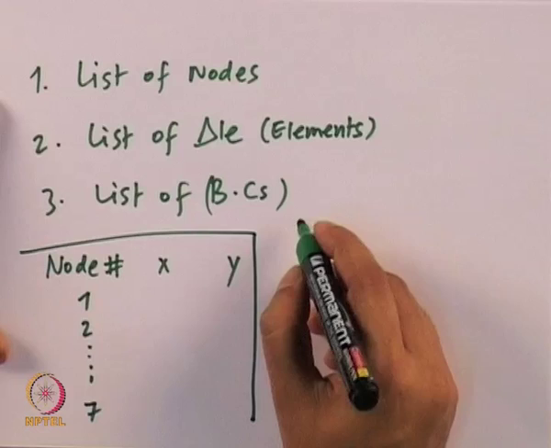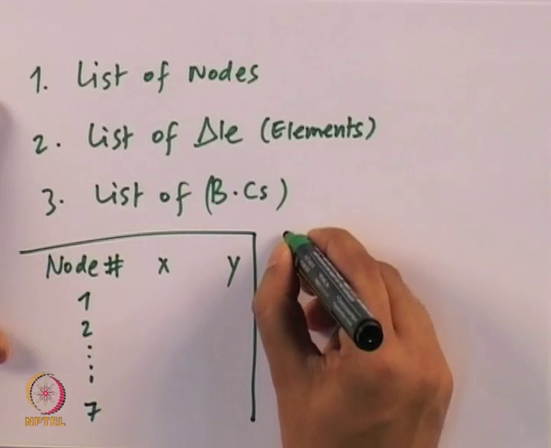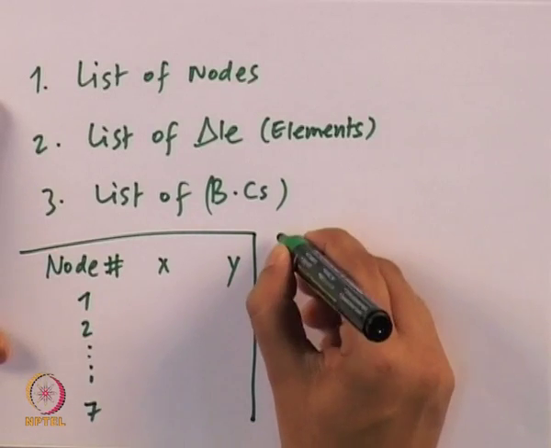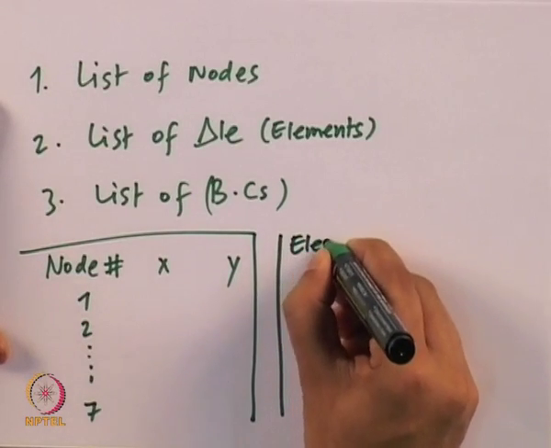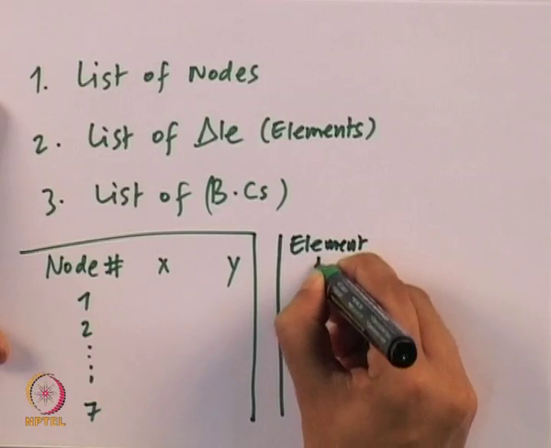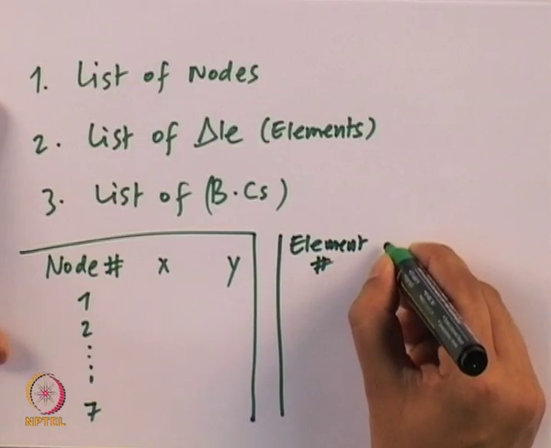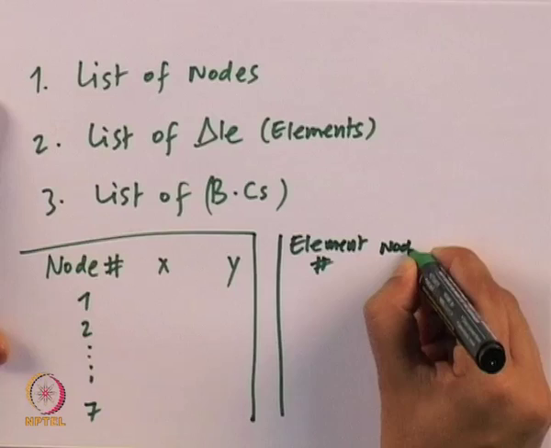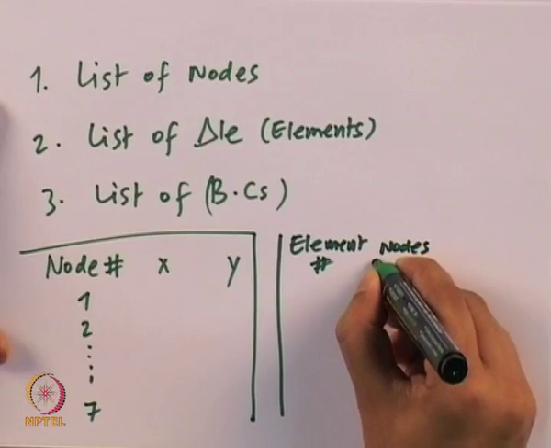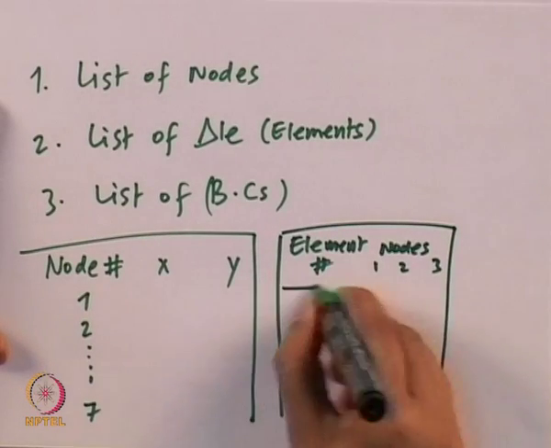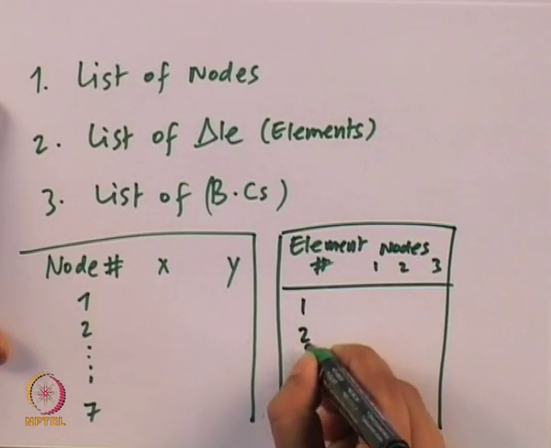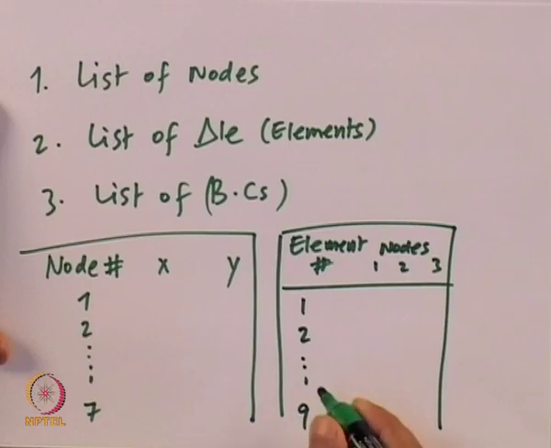Second one will be the list of elements. What we have is the element number and the nodes. So we will have 3 nodes per element, and we have 1, 2 until 9 elements.